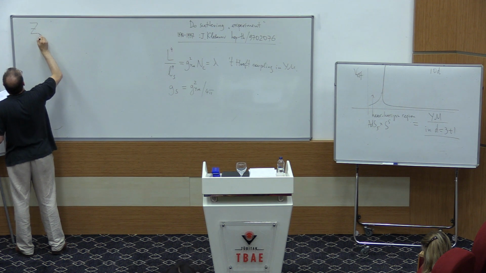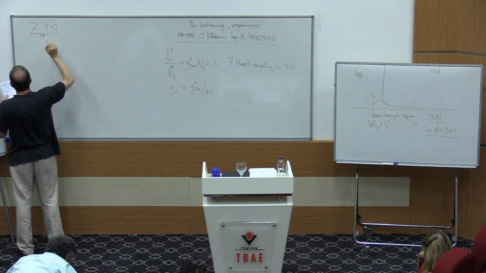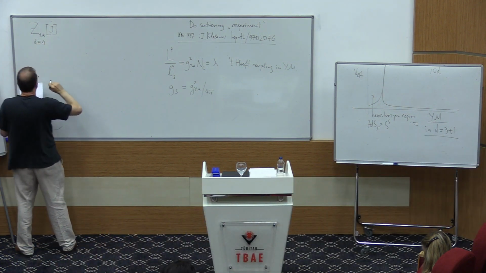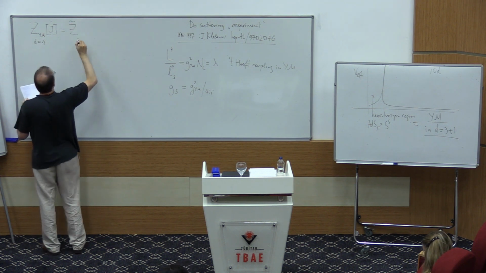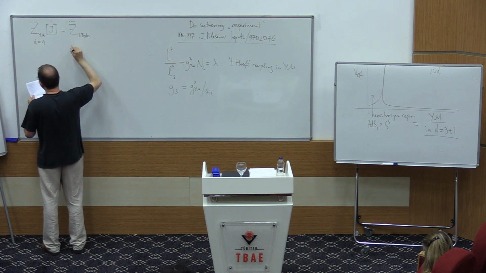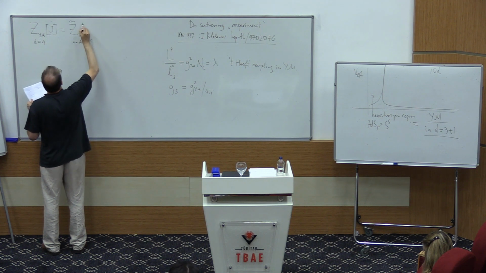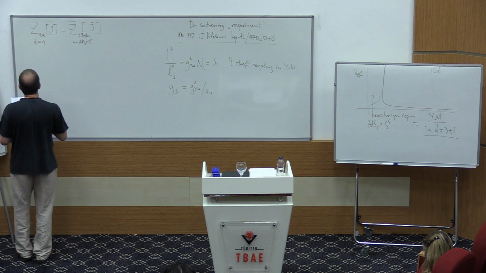So Z Yang-Mills, the generating functional in D equals 4, or 3+1, is the same as the generating functional of so-called type IIB string theory, the closed string theory, on AdS5 cross S5 with some J tilde.